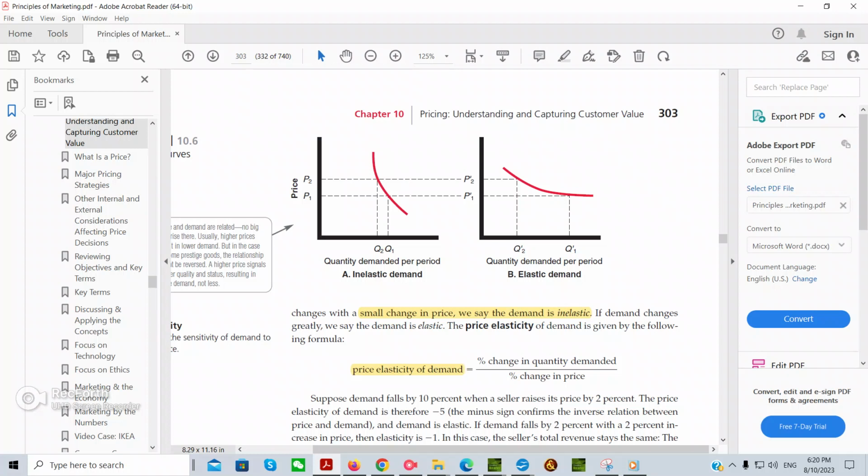Suppose demand falls by 10% when the seller raises its price by 2%. Price elasticity of demand is therefore minus 5. So there's 10% less demand, but price increased by 2%. Price elasticity is minus 5, because the ratio is 5. The minus sign confirms the inverse relationship between price and demand, meaning the opposite relationship.